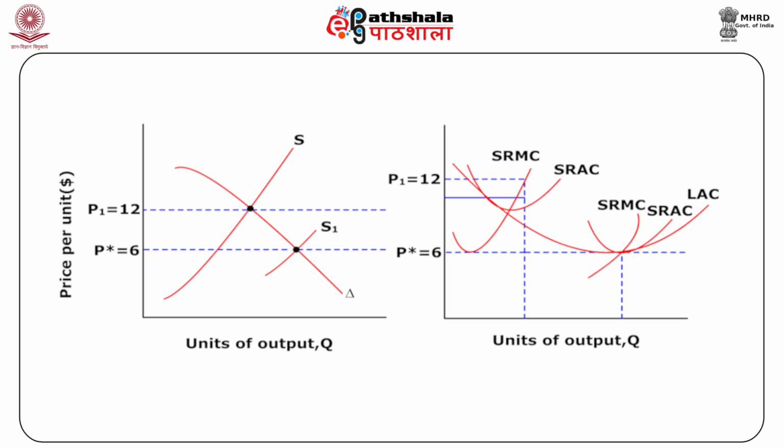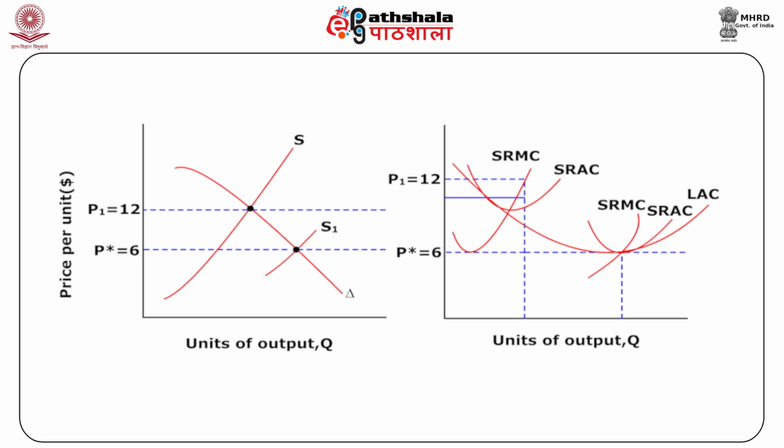The long run average cost curve, the short run average cost curve and the short run marginal cost curve are all coinciding at the minimum point of the long run average cost curve. Therefore, the output produced out of a plant whose size is optimal, which produces the lowest cost, is the optimal plant size.